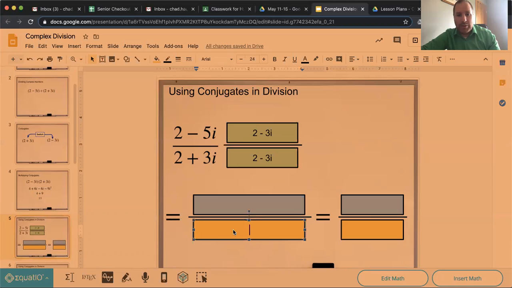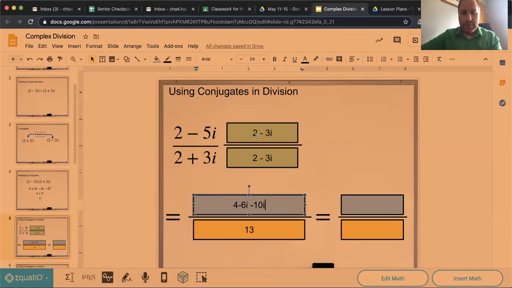We know the denominator is 13. And then the numerator, we just have to distribute those pieces through like normal. You can go back and double check that. Here we'd have 2 times 2. We'd have 2 times this part here, so that's negative 6i. And then we'd have negative 5 times 2. There's that i.